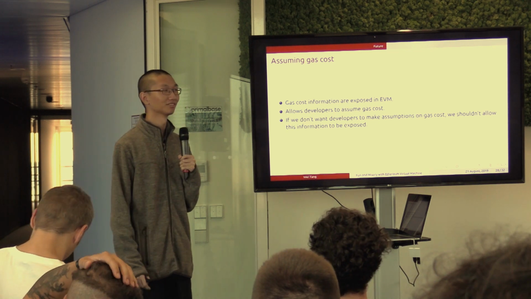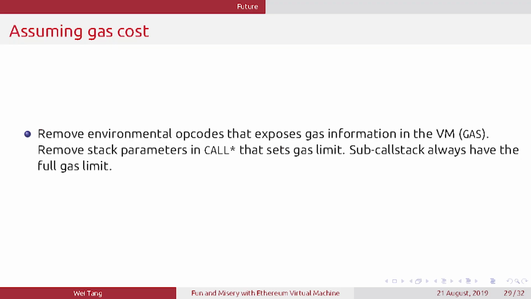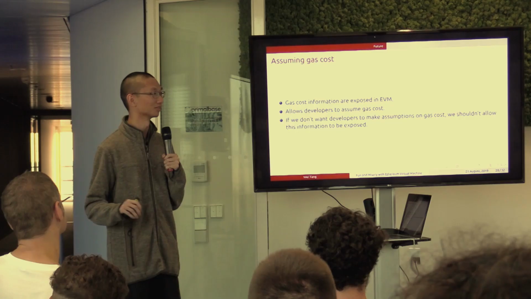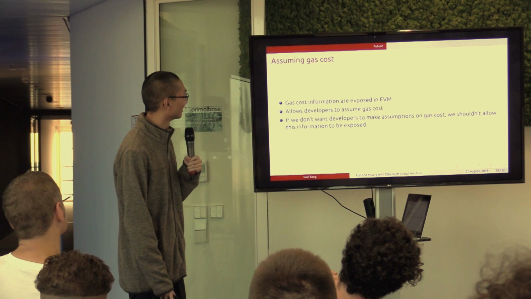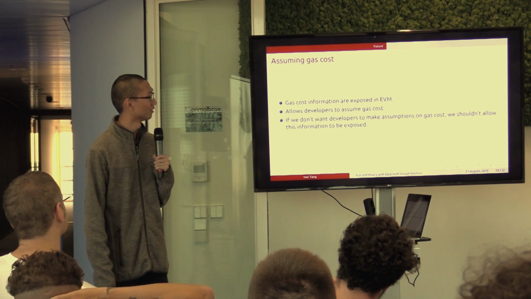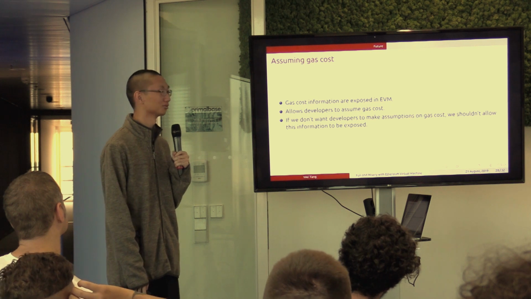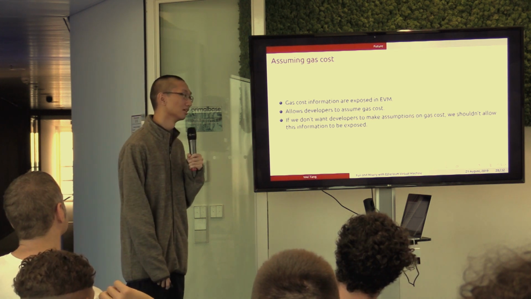So a really simple fix we may have is just to remove that exposed information from the EVM. For example, we just remove the gas opcode from the VM. If we combine it with the previous section that makes out of gas always a trap, then it shouldn't break a lot of contracts. If we don't want developers to make assumptions about gas costs, we shouldn't allow this information to be exposed.